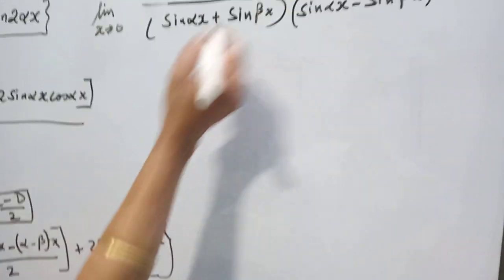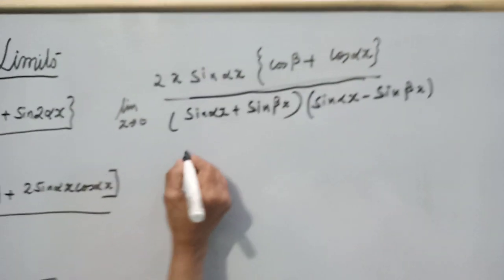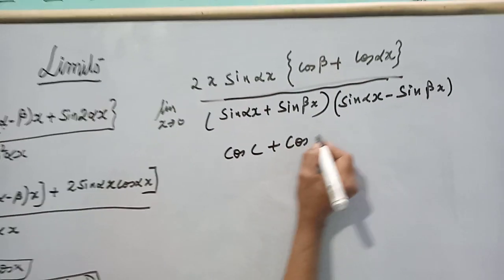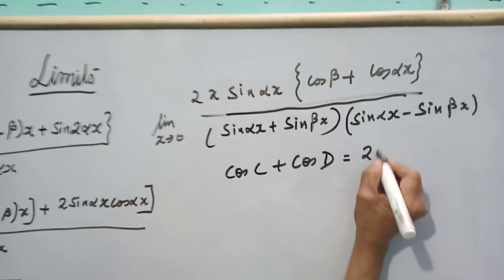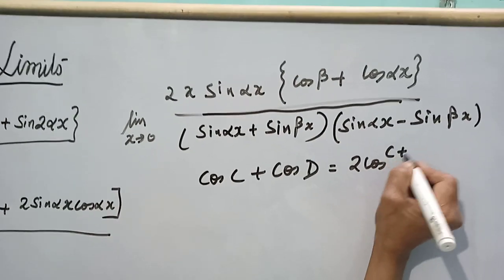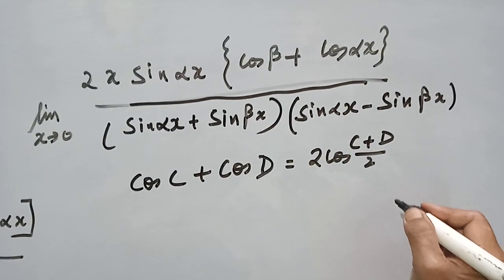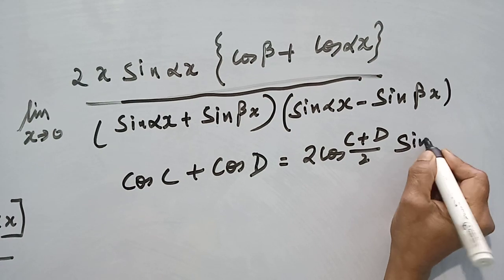Now this is cos c plus cos d. What is the formula of cos c plus cos d? This is equal to 2 cos (c plus d) by 2 into cos (c minus d) by 2.